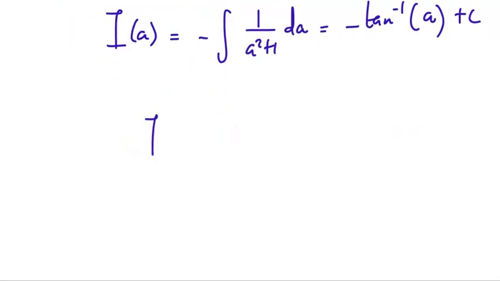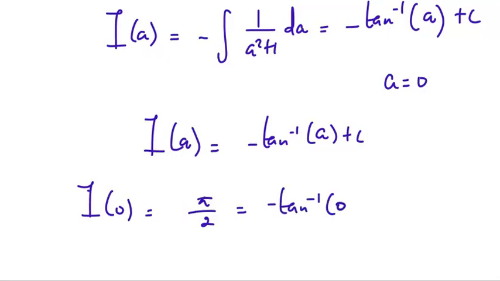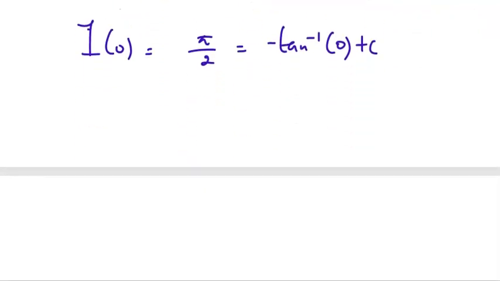Okay, so therefore here we have I of a is equal to the negative inverse tangent of a plus c. Now let a equal 0. Remember I of 0 is equal to pi by 2. So this is also equal to negative inverse tangent of 0 plus c. We know the inverse tangent of 0 is 0, right? Therefore, we see that pi over 2 is equal to c.